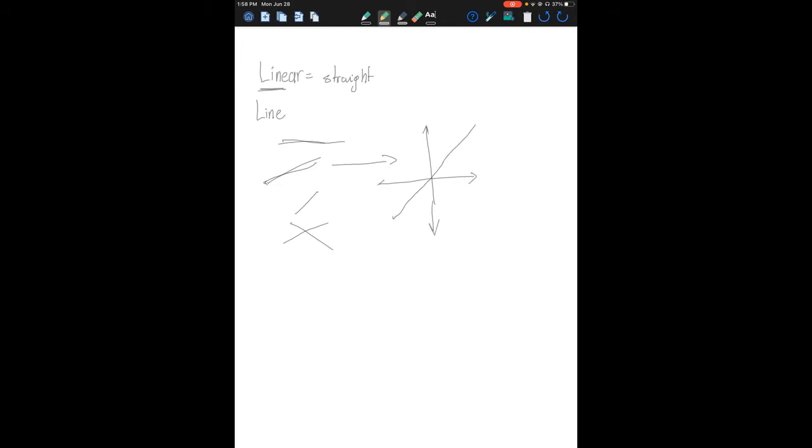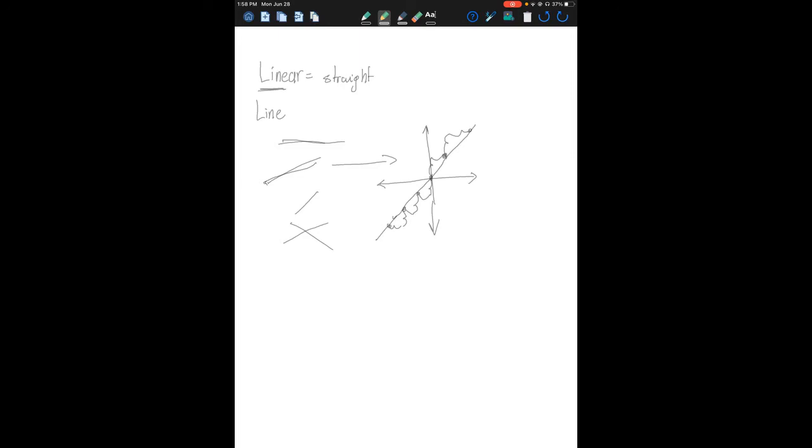So what we can do, we can approximate the rate of change that this line is taking. This would be the rate of change.